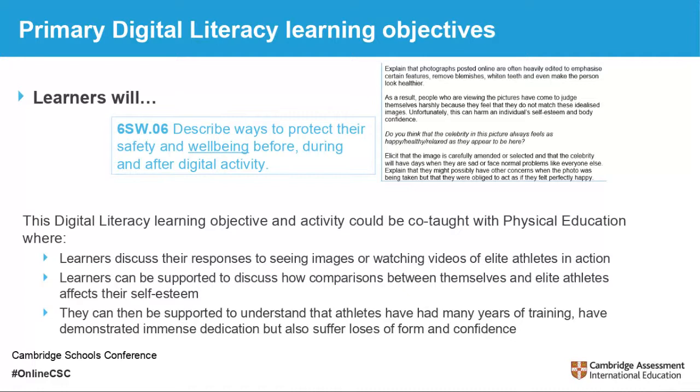This comparison with sporting heroes could also provide a good opportunity to talk to learners about their own resilience, which in terms of digital literacy could relate to either how they bounce back from an unkind comment that they've seen about themselves online, or how they persevere when trying to achieve something with a particular digital tool. Again, resilience is a word that we use quite often within the digital literacy documents.